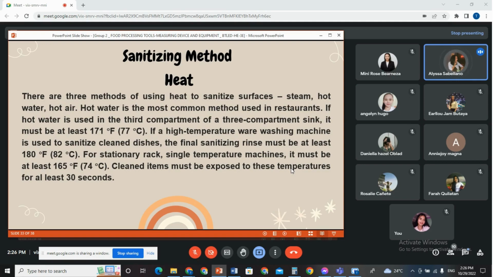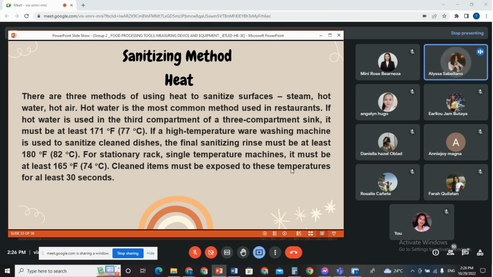Sanitizing method: heat. There are three methods of using heat to sanitize surfaces: steam, hot water, and hot air. Hot water is the most common method used in restaurants. If hot water is used in the third compartment of a three-compartment sink, it must be at least 171 degrees Fahrenheit or 77 degrees Celsius.